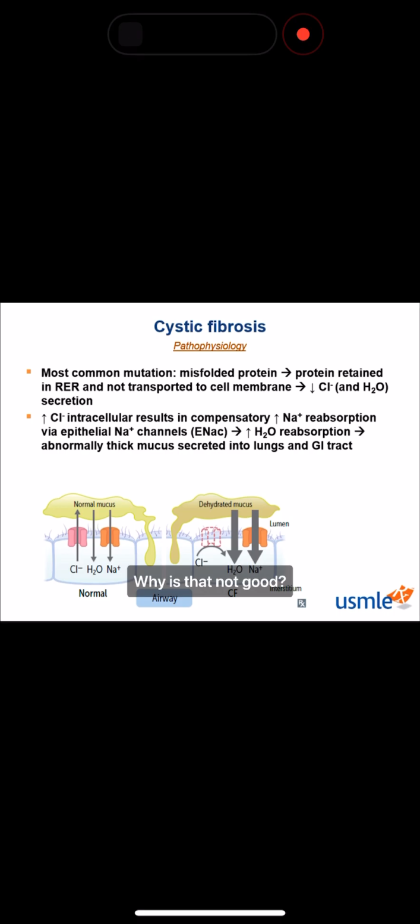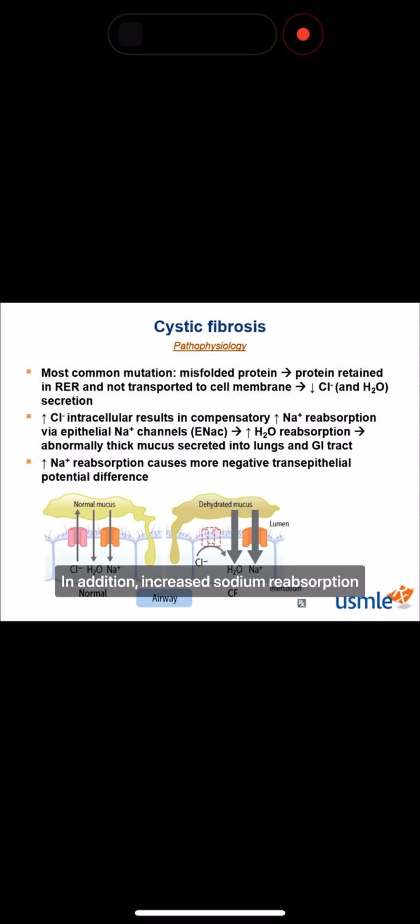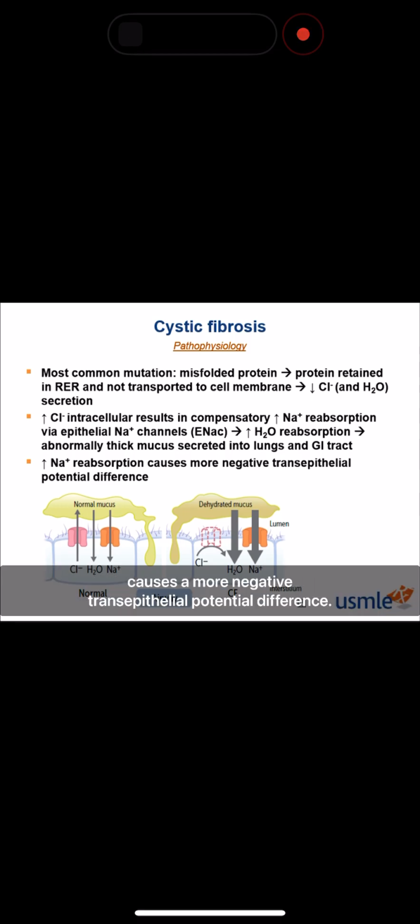Why is that not good? Well, water helps to thin out our mucus in our airways, so we're going to have this abnormally thick mucus secreted into the lungs and the GI tract. In addition, increased sodium reabsorption causes a more negative transepithelial potential difference.